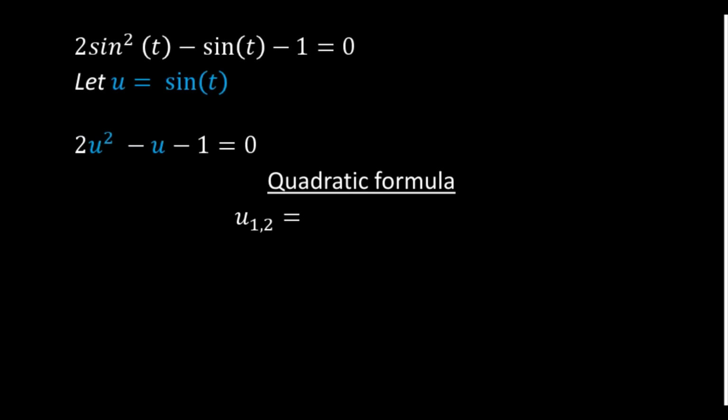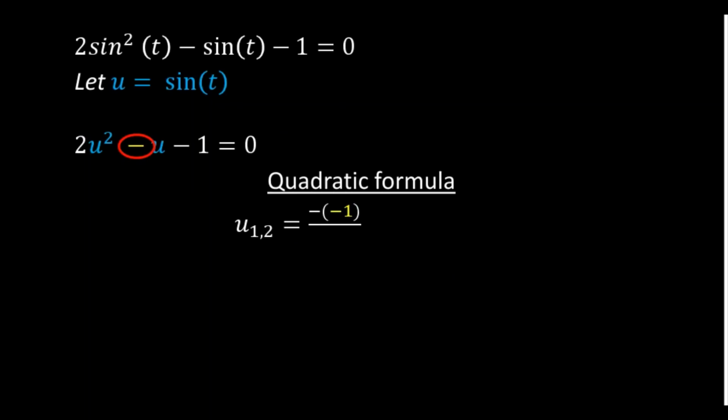I will be using the quadratic formula right now. So according to the quadratic formula, we'll have u1, u2 equal to negative b, so we'll have minus, and b, that's the number standing in front of u, so that was negative 1.